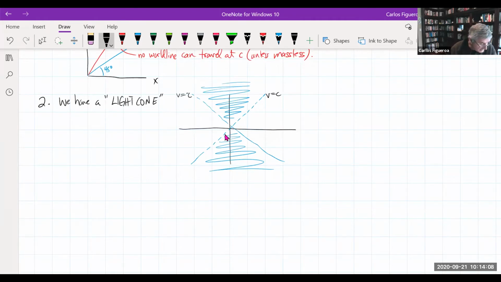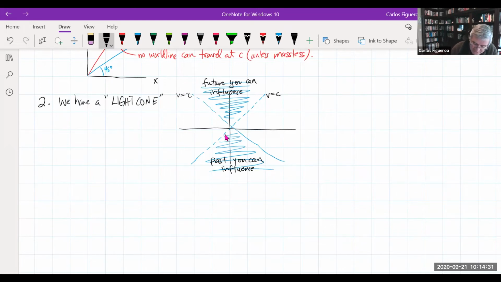And what you're finding here is that in this region, this is the future you can influence. And this is the past you can influence.